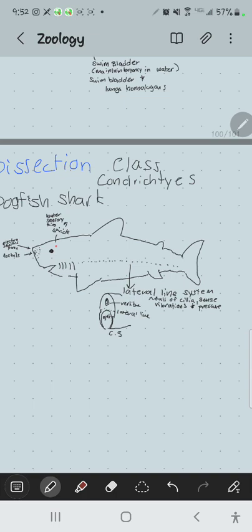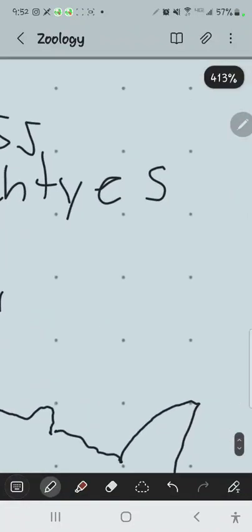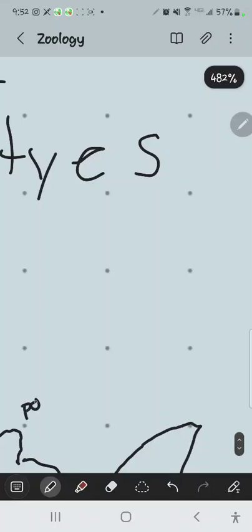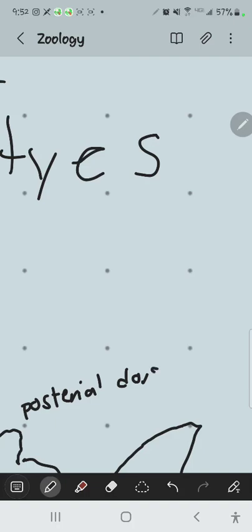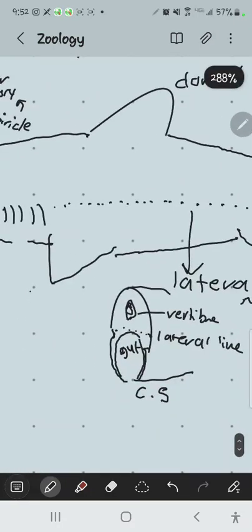Okay, and then for fins, I'm not really going to ask these on a test, but we all know this is the dorsal fin from shark movies. This is also called a dorsal fin, but it's the posterior dorsal fin. This is the pectoral fin. And these are the pelvic fins. One thing to note about the pectoral and pelvic fins is bony fishes have pectoral and pelvic fins also.